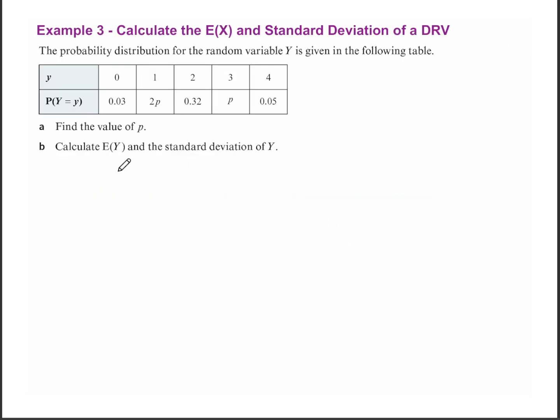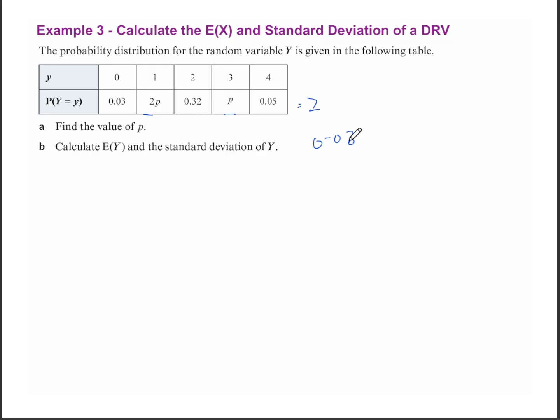Next, a similar question. We sort of use the information from the previous lesson as well. The probability distribution table for the random variable y is given, but there are some probabilities that are not given. So we have to first find those probabilities. And we use what piece of information? That the sum of the probabilities equals 1.